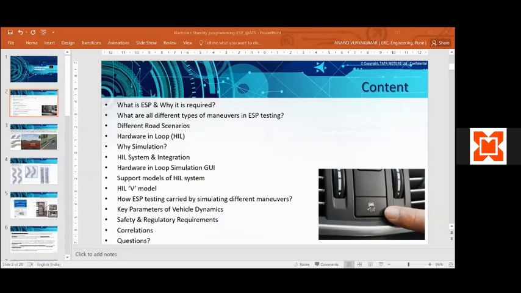The ESP will take over control of the vehicle and try to ensure that the vehicle stays on its intended course and avoids any collision. So the main purpose of electronic stability programming is oversteer and understeer scenarios.